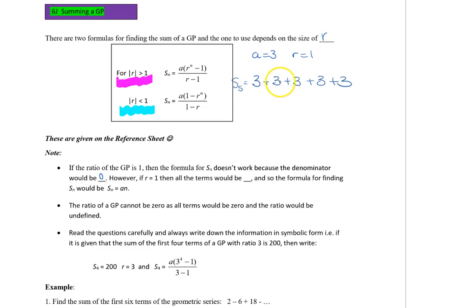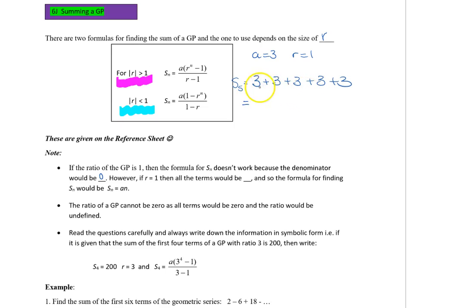So it is possible to get the sum of the terms in a GP when the ratio is 1. Unlike the formula would be suggesting, the sum is undefined, because if I sub into the formula, I'm getting a 0 in the denominator. We can see there is a definite answer.